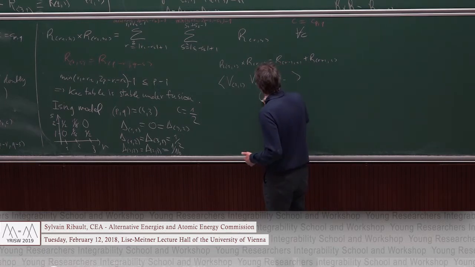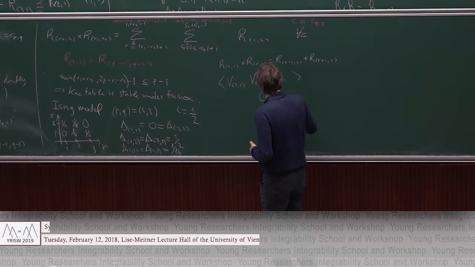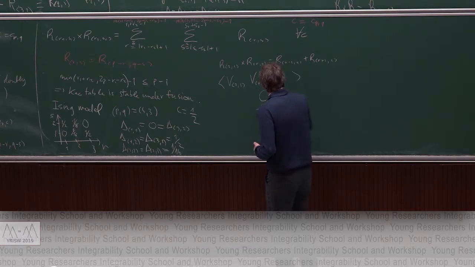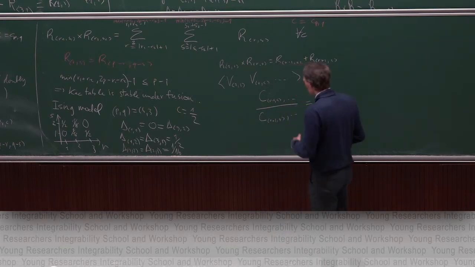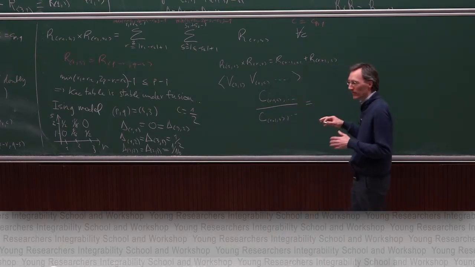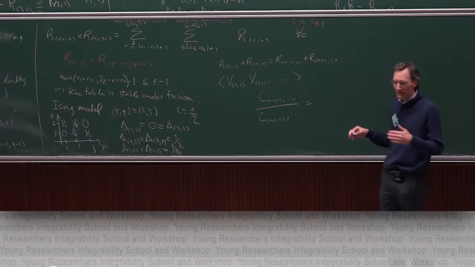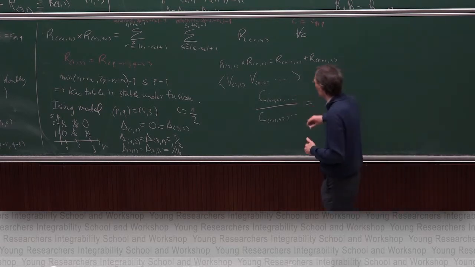So the structure constant here for a field with parameters R minus 1 S and some other fields divided by the structure constant for the field with parameters R plus 1 S and some other fields, well, this ratio is related to the ratio that we saw in this crossing symmetry of a 4-point function, and you know it.